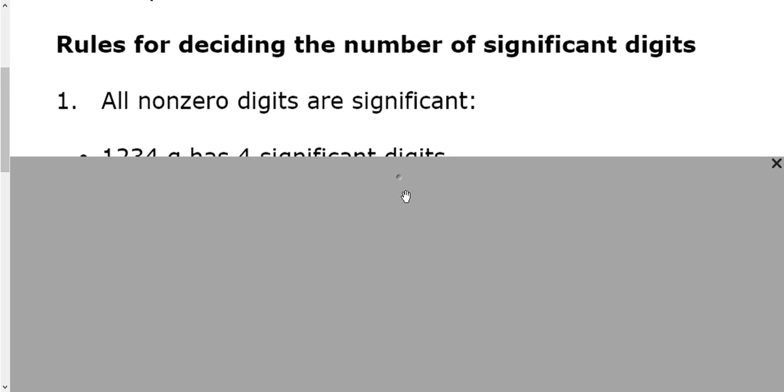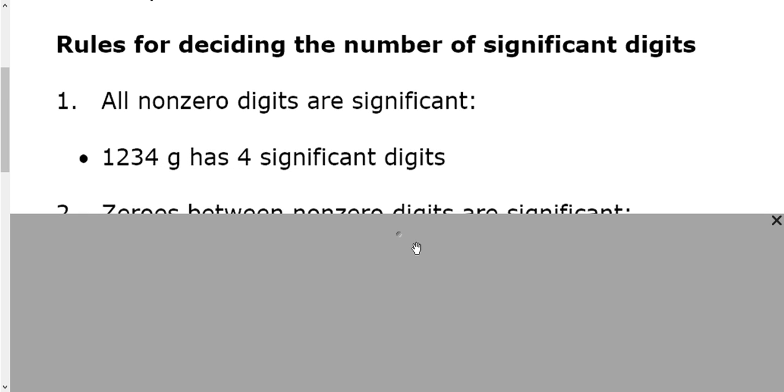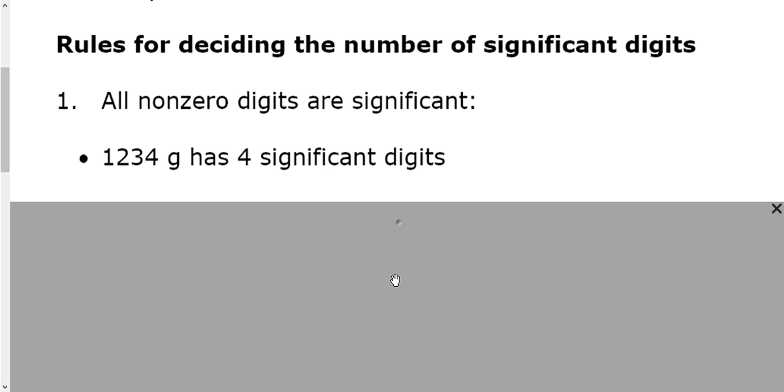There's lots with numbers and zeros. So, first rule, if you have any non-zero digits, so not 0, but 1, 2, 3, 4, 5, 6, 7, 8, or 9, all of those numbers count as being significant.